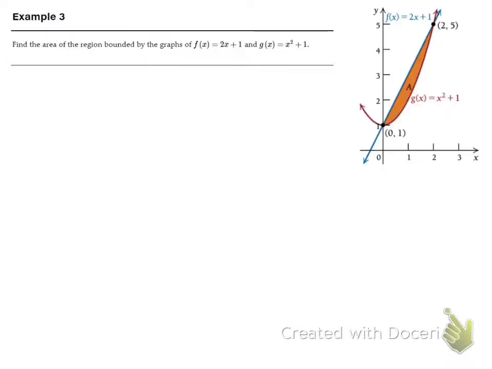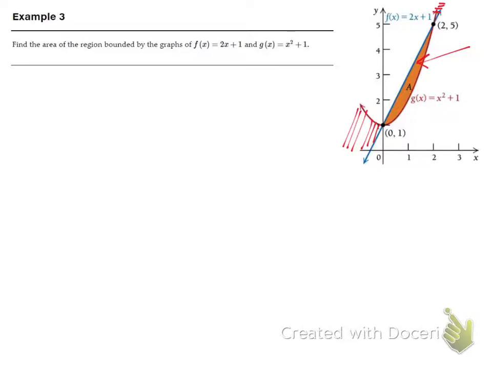Okay, so here's the graph of the functions. I have f of x, that's the blue line, and then the red line is g of x. Now the interval we're trying to find the area of is this one right here. You may be confused by that because you may think, how do I know I'm not trying to find this area, or maybe this area up here?